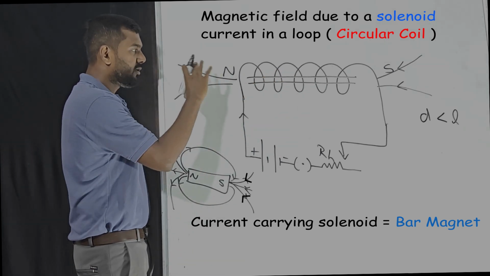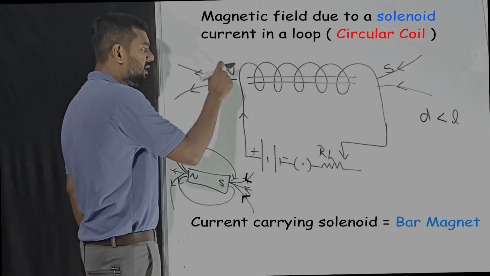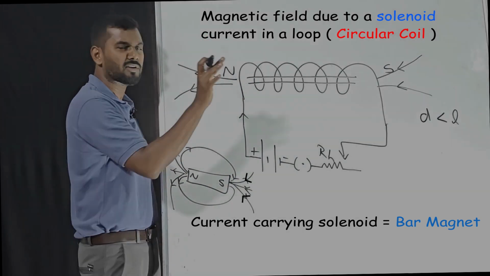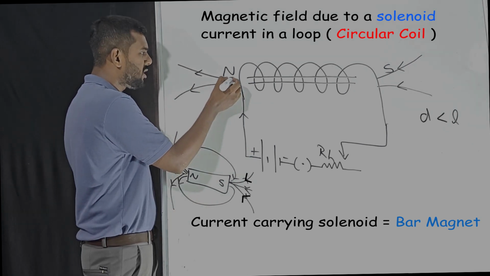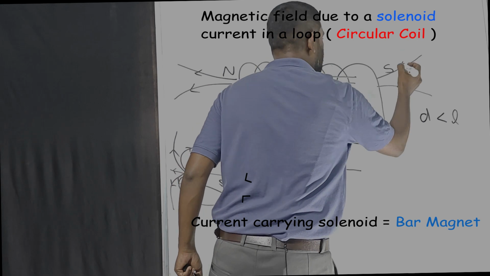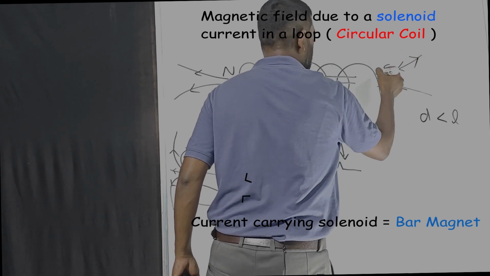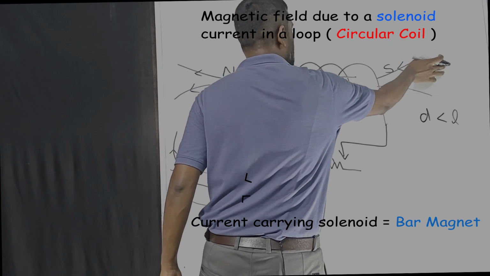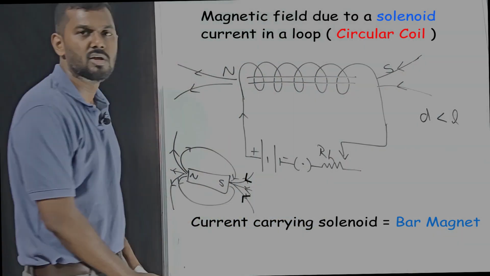I am going to teach you how to select north and south in the next slide. Wherever the north is, from the north the lines have to go outside. If this is north, on this side the arrow marks will be like this. These things you should know.